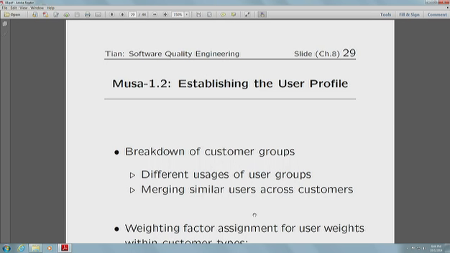Okay, and then the important thing is that we are looking at the users. They may or may not be the same kind of users across different customers. Sometimes you may have the identical division of users, sometimes you may not, so we need to identify them.